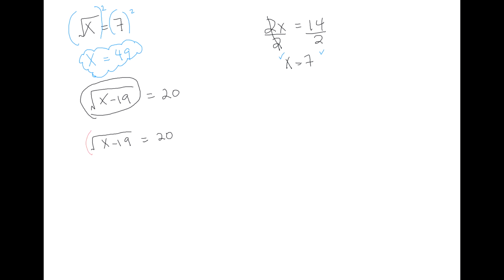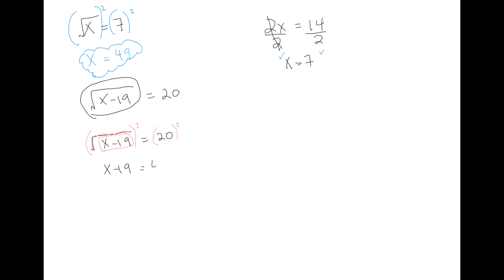Squaring this pops this whole thing in here out of the square root sign. The square root sign disappears. I'm left with X minus 19 equals 20 times 20, 400.